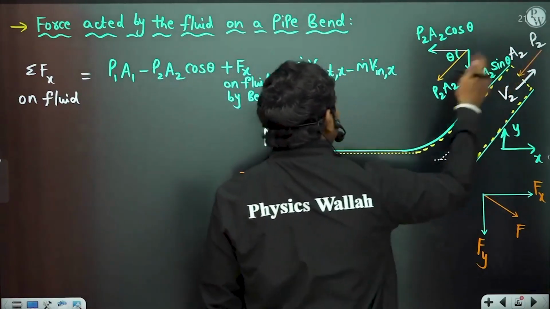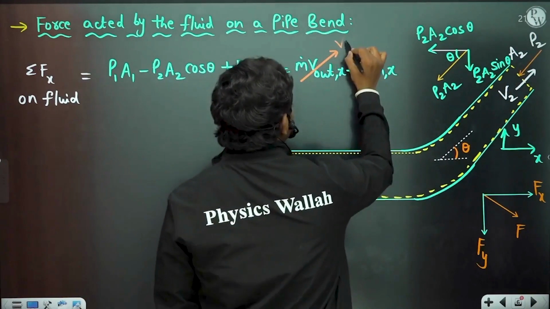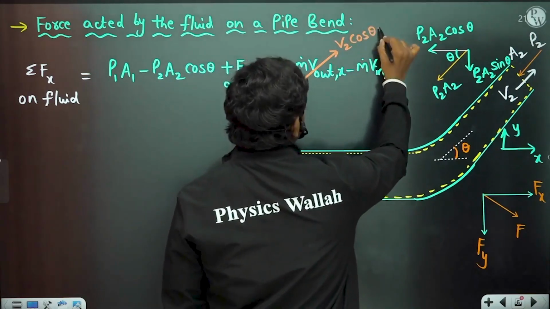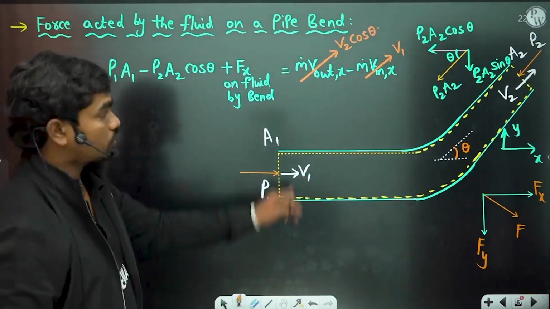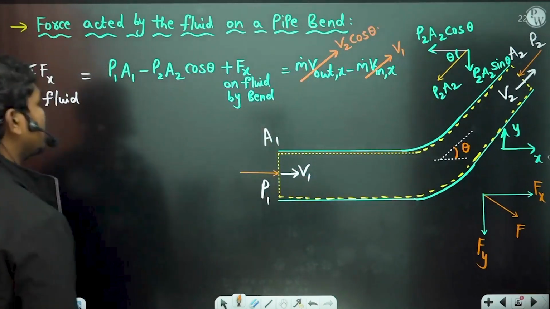Fluid is going out at V2, so definitely this term is V2 cos theta, and this inlet is V1 because you see fluid is straight away moving in this direction. So if you simplify this result, let us see what happens.